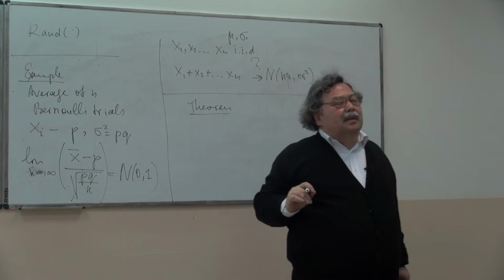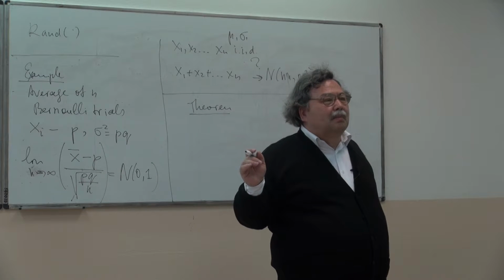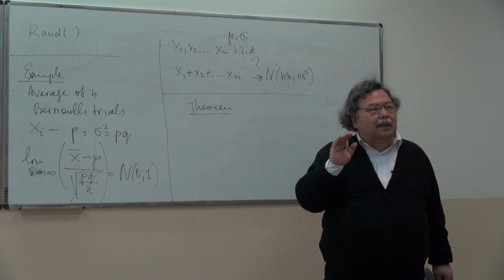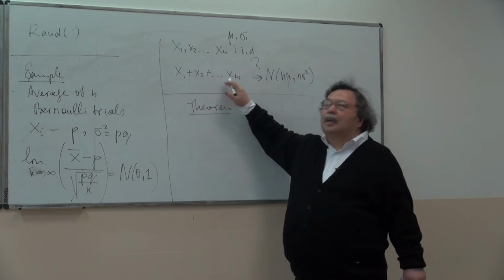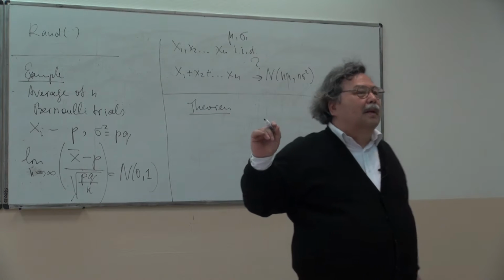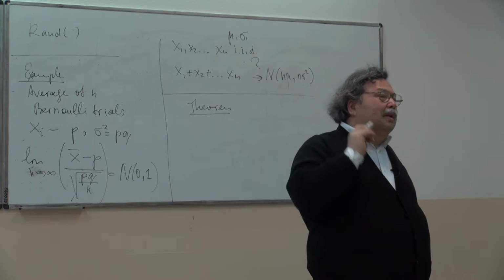We can, well, 10 is not a large number, but for practical purposes, we can already assume that the sum of 10 independent, identically distributed random variables is approximately normal.